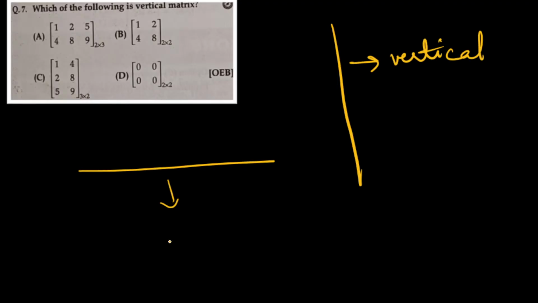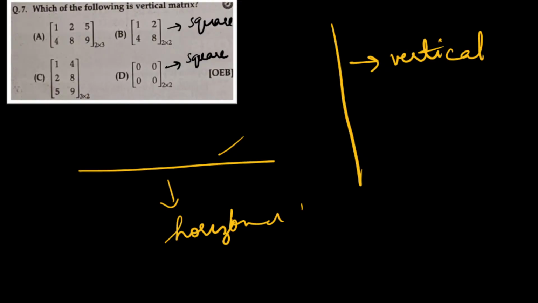Vertical means like this, the straight line, and this line is horizontal. If the matrix looks like this, it's a horizontal matrix. If the matrix looks like this, it's a vertical matrix. And these two we already know. This one is a square matrix because the number of rows and columns are equal. This one is also a square matrix as well as a null matrix.